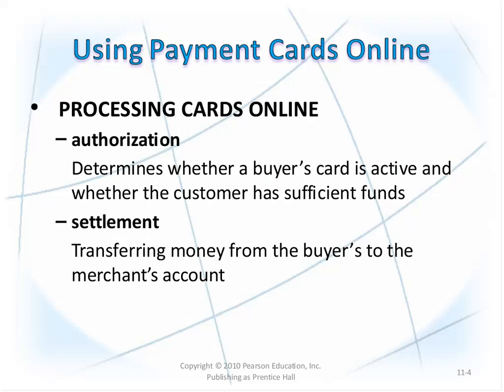The next process is settlement. Settlement means transferring money from, for example, our account to the merchant's account. We go online and purchase some goods or services. Settlement means that we use our card, let's say our credit card, to transfer the money from our account to the merchant's account.